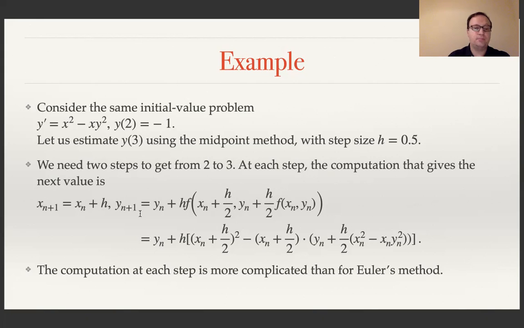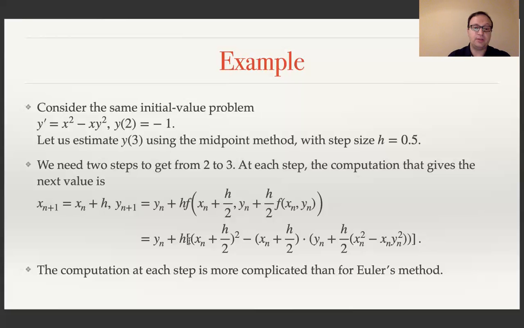So using the formula on the previous page, at each step, y_{n+1} is equal to y_n plus h times the function applied to x_n plus h over 2, and y_n plus h over 2 times the function of x_n and y_n.